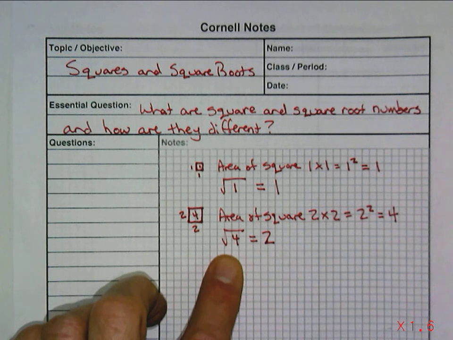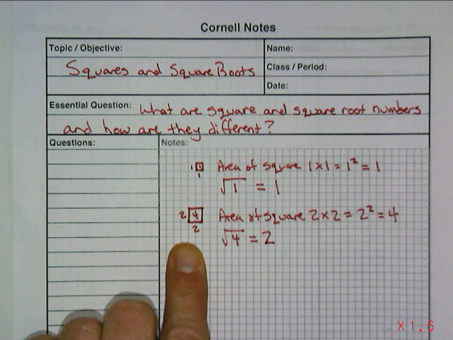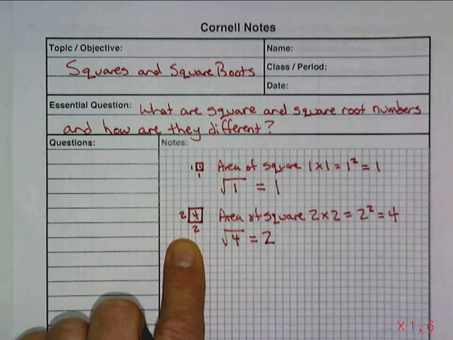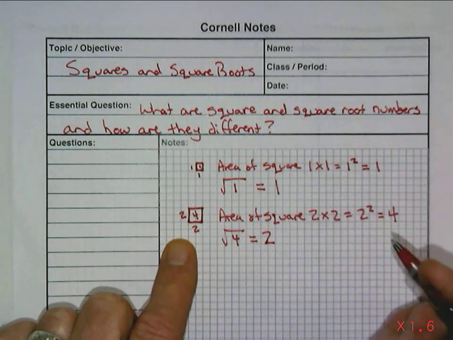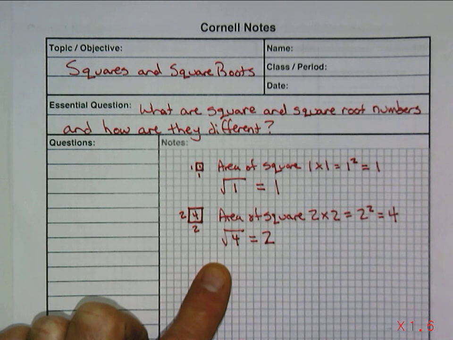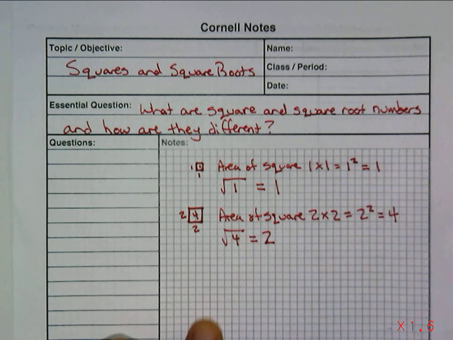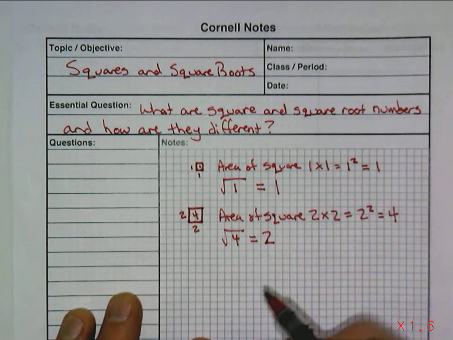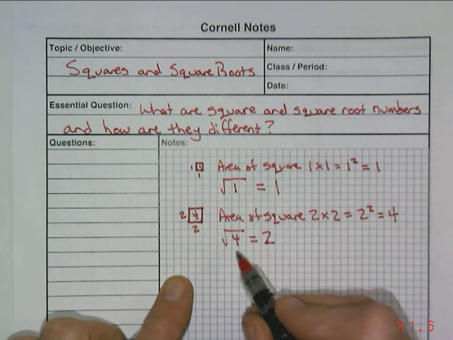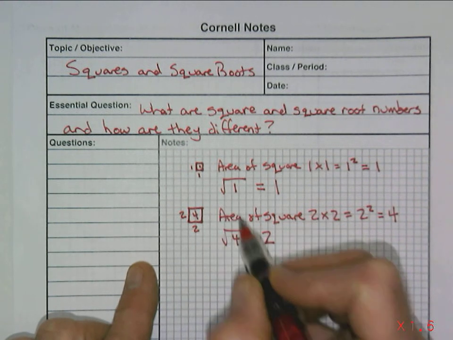So when we're taking the square root, we're looking for what number is the side length of the square, or what number we squared to get the 4. So square roots are kind of undoing squares. You have the one operation that squares something, the other operation that undoes the square. So this is the square root, the root of the square.